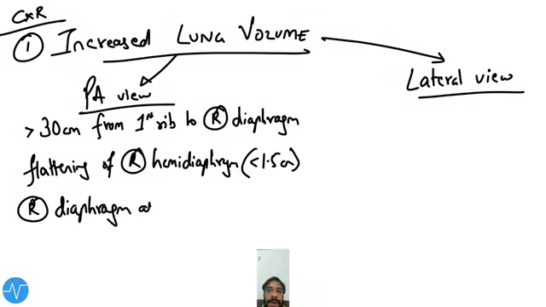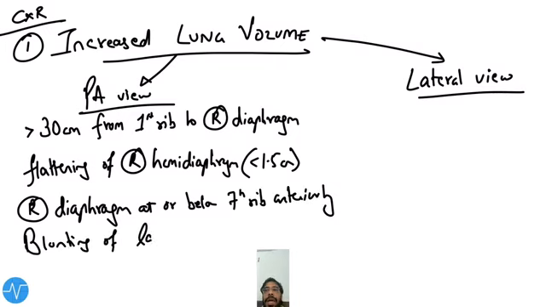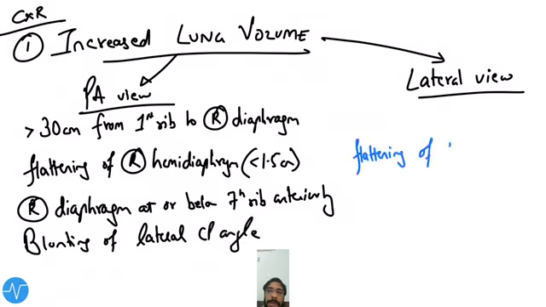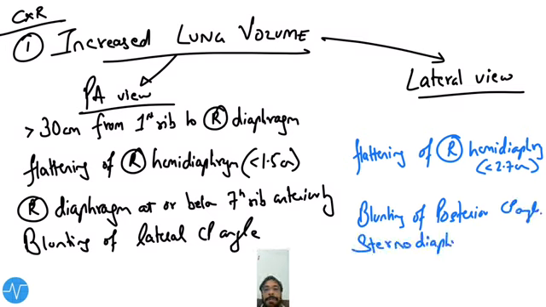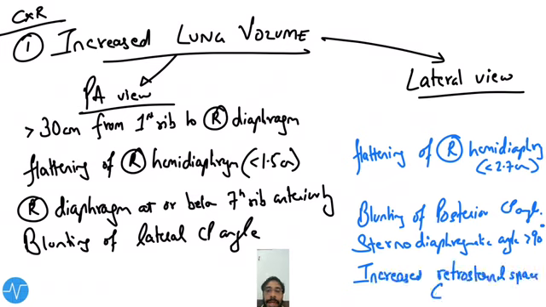If the right diaphragm is at or below the 7th rib anteriorly, there may be blunting of the lateral CP angle. In the lateral view, if there is flattening of the right hemidiaphragm less than 2.75 centimeters, or blunting of the posterior CP angle. Third is the sternodiaphragmatic angle greater than 90 degrees, and fourth is increased retrosternal space, greater than 4.4 centimeters.